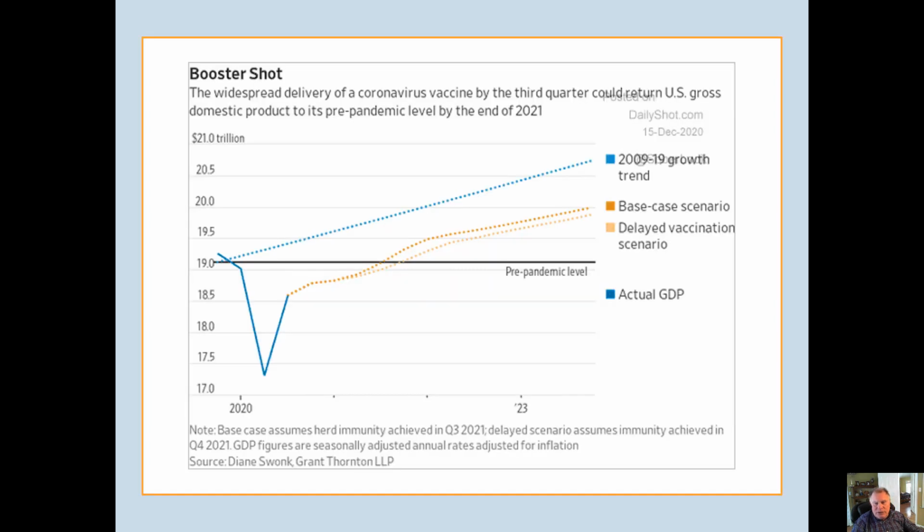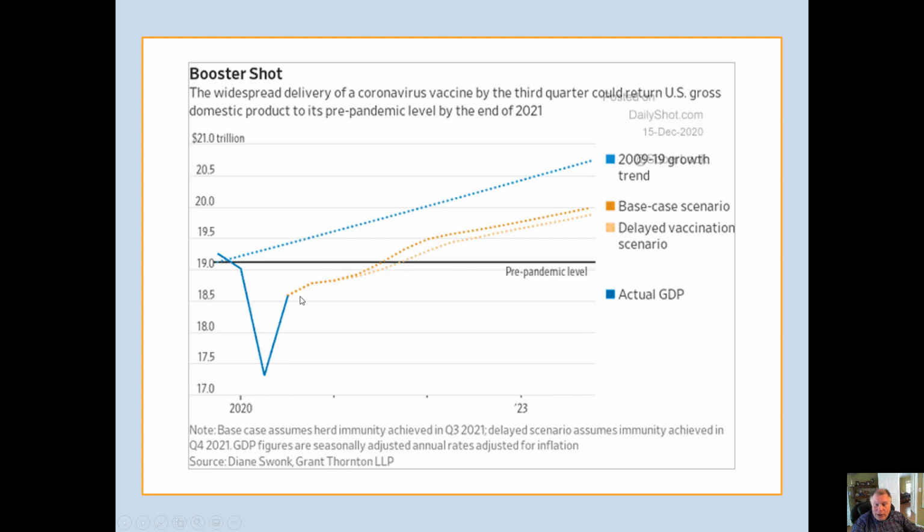When we look at this, and this is from Grant Thornton, what you can see is this dotted line right here is the 2009-2019 growth trend. Okay?